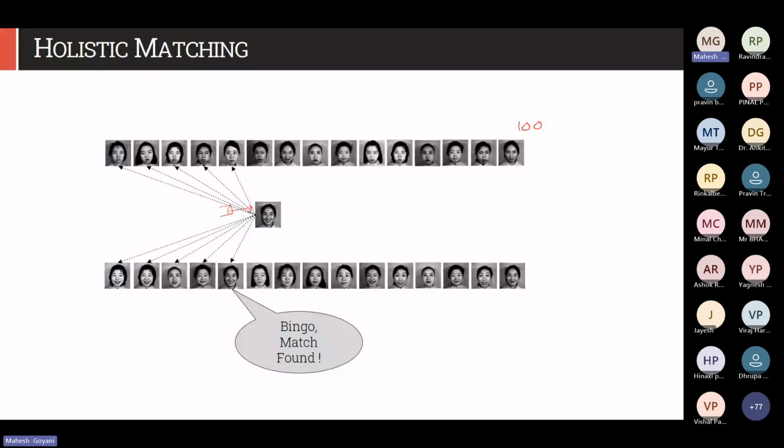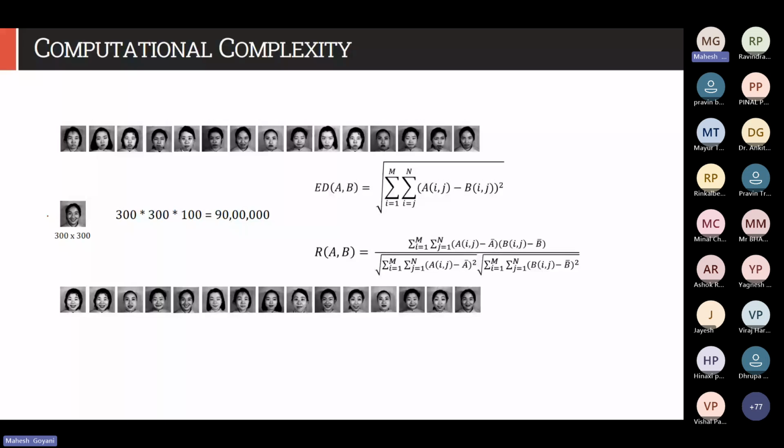When you do this pixel by pixel comparison, just think about the computational complexities. Let me put it in a different way. Suppose all the images we are capturing are of dimension 300 by 300. If I compare pixel by pixel, first pixel of this image with the first pixel of that, then the second pixel of this image with the second pixel of that, and so on.